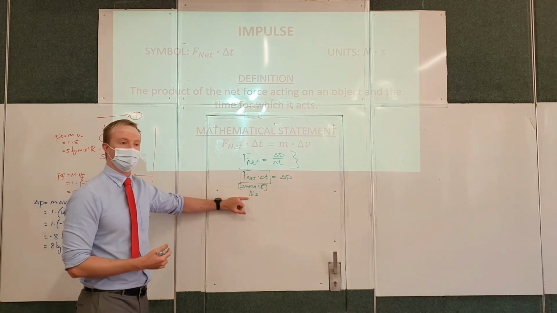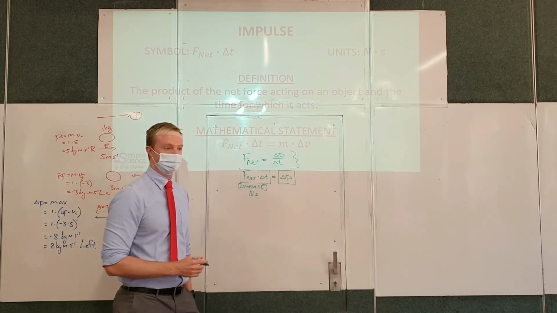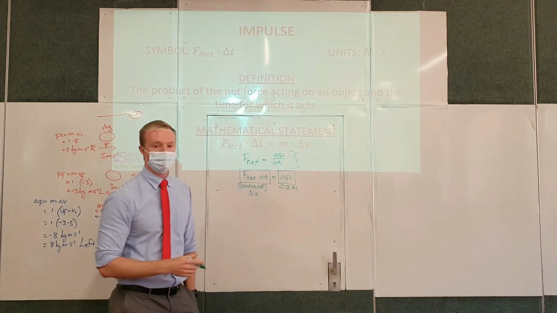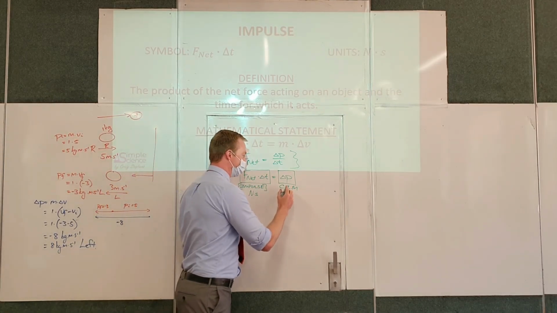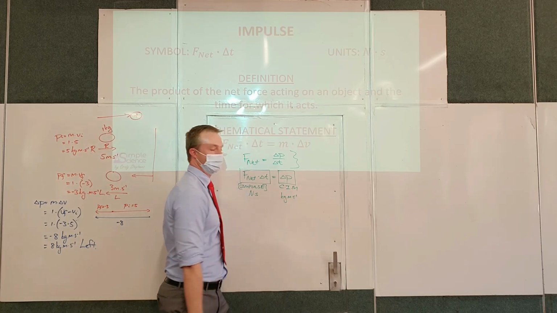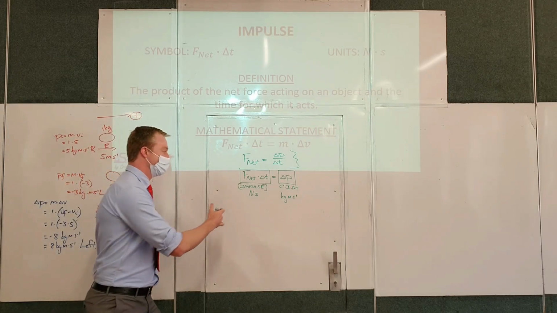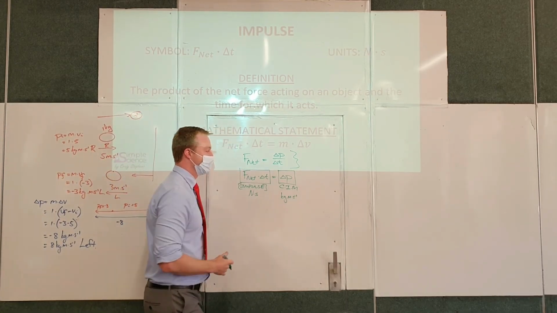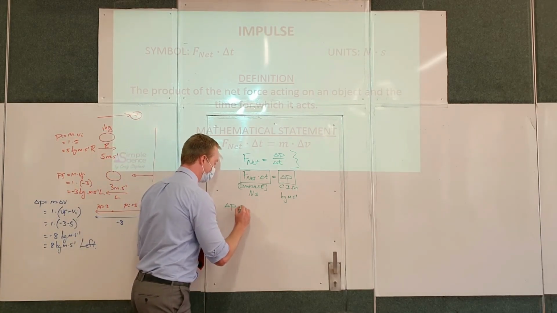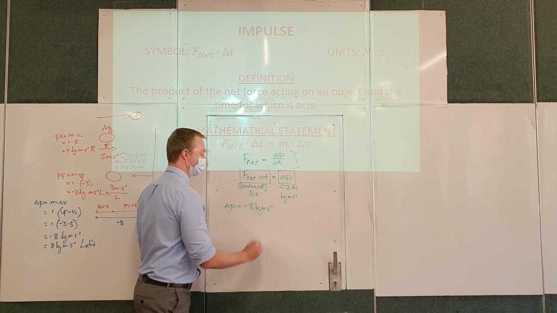You can, in the same question, be asked, calculate the change in momentum of this object. Change in momentum, and then you give exactly the same value. The difference now is that momentum is measured in kilogram meters per second. Okay? So very often, you're first asked to calculate the change in momentum, and you're going to write, I found the change in momentum was -8 kilogram meters per second.